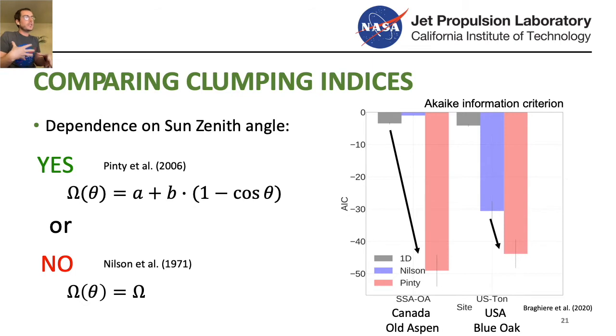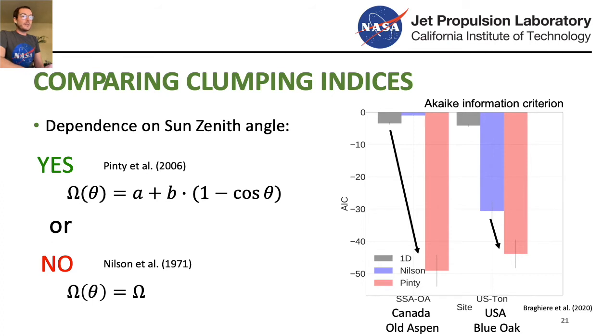It's kind of blind to the number of free parameters a model has. And the more negative this value is, the better the fit. So what we can see here is that for the dense old Aspen site, the clumping index with zenith variation is really important. It gives us a much better agreement than the homogeneous case in black or the one that doesn't consider zenith variation.